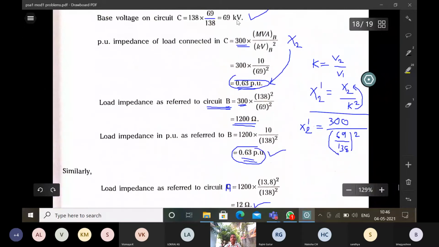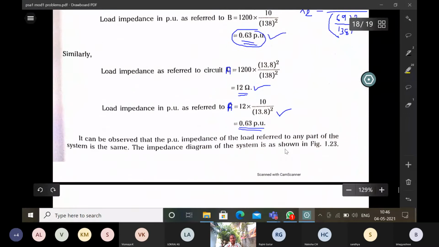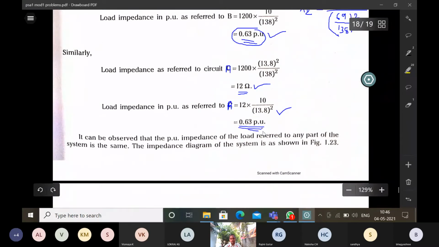The ohmic value is different and the per unit value is the same because we have proved the per unit impedances of the transformers are equal in both the sections. Referred to any part of the system, the per unit impedance of the load is the same.